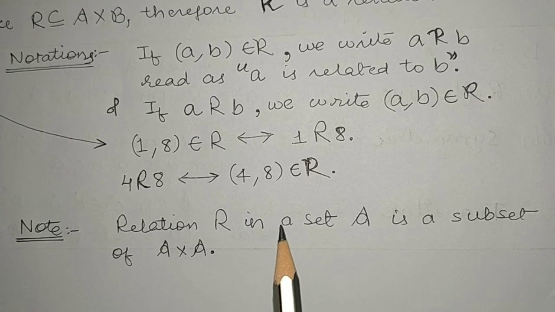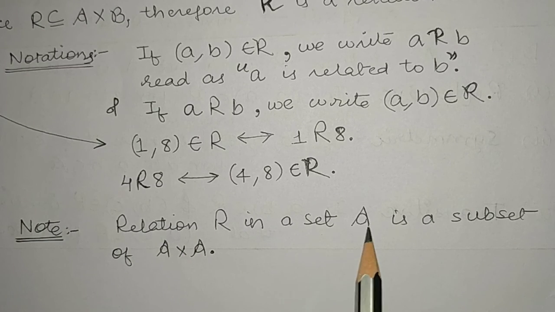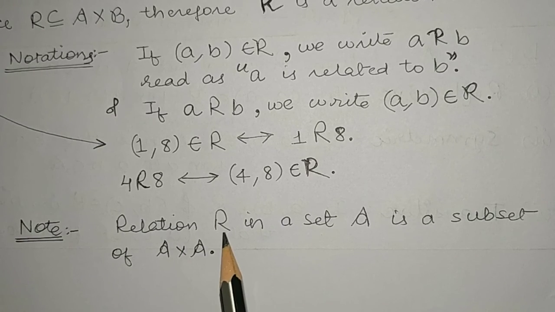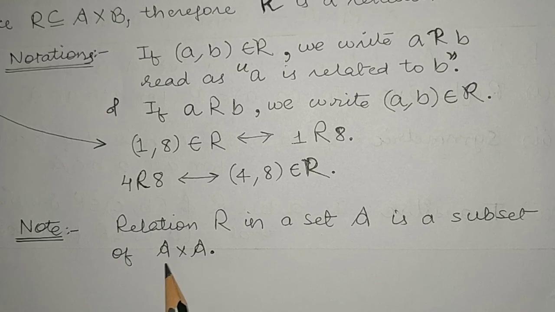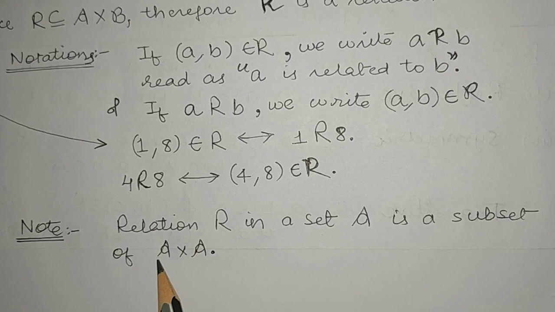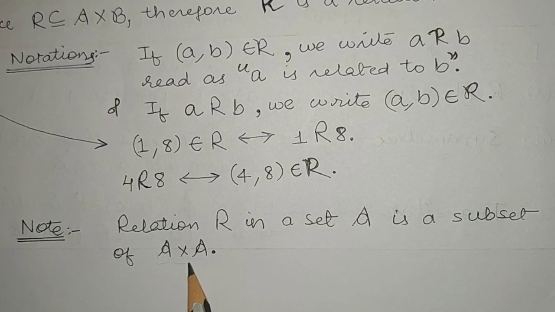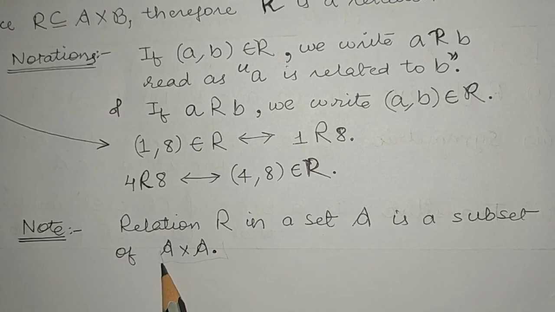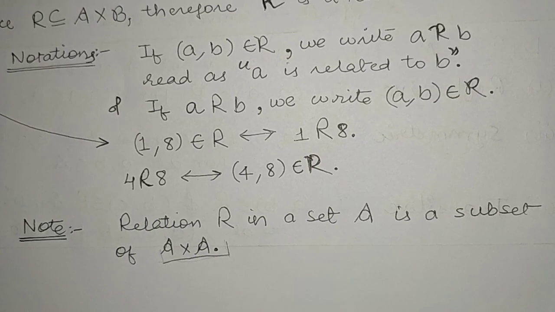If we say relation R in a set A, that means we have to consider R as a subset of A cross A. You have only one set, so to look at the relation, we have to consider the cross product A cross A in the set A.